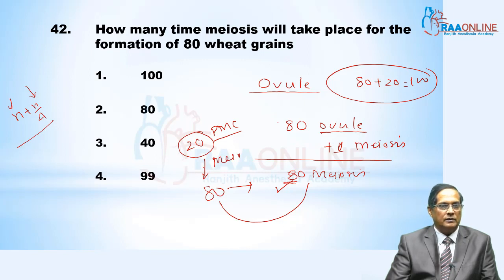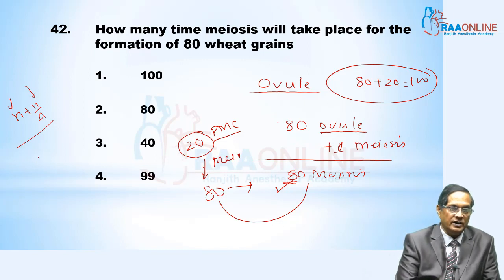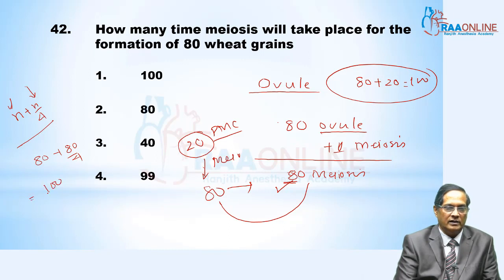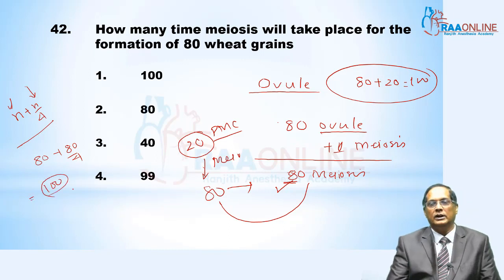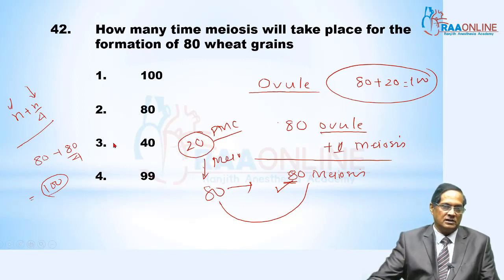The number of pollen mother cells can be obtained by dividing the number of pollen grains by 4, since each PMC produces 4. Here n is 80, and 80 by 4 is 20. The answer will be 100. These are the two ways by which this answer can be known.